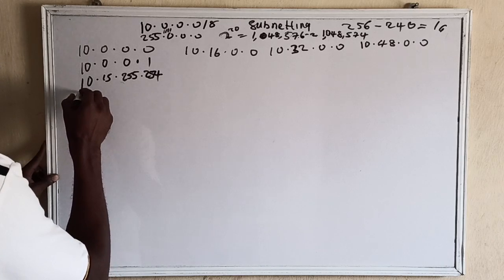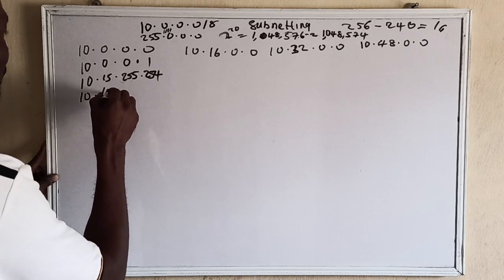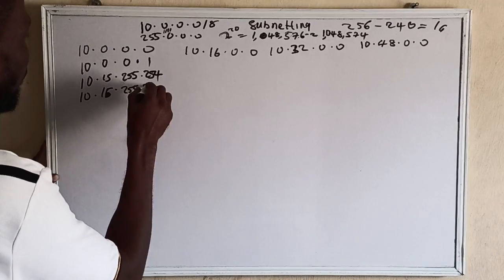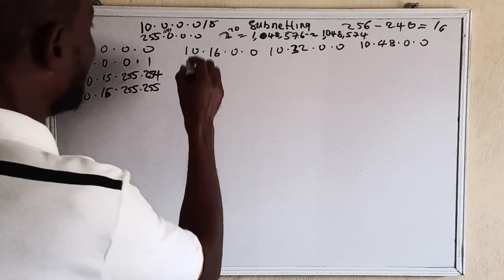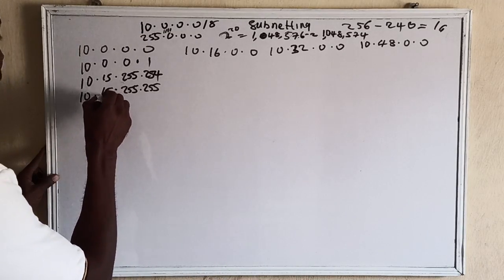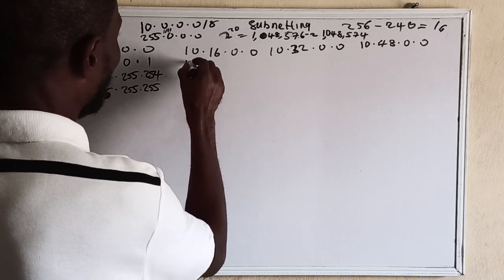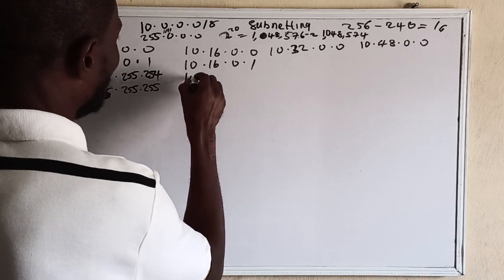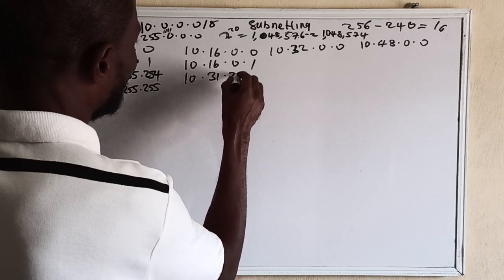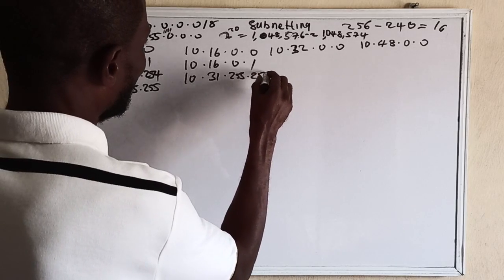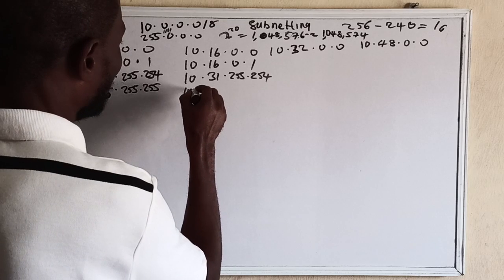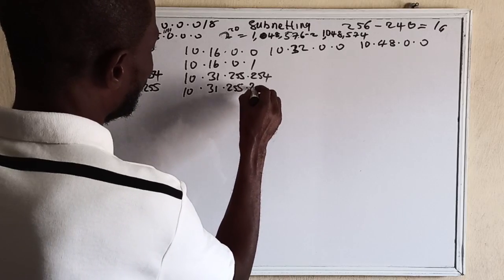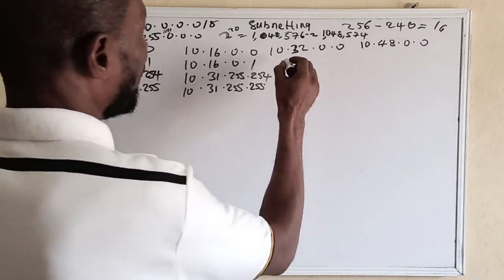The broadcast address is 10.15.255.255. Remember, this is a broadcast address. Now here is 10.16.0.1, up to 10.31.255.254, the last address on this one, and the broadcast is 10.31.255.255.